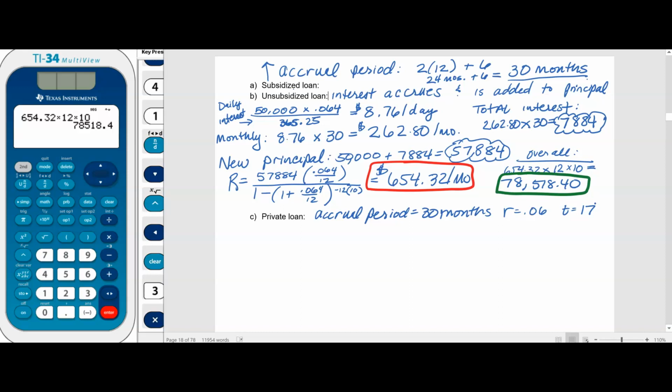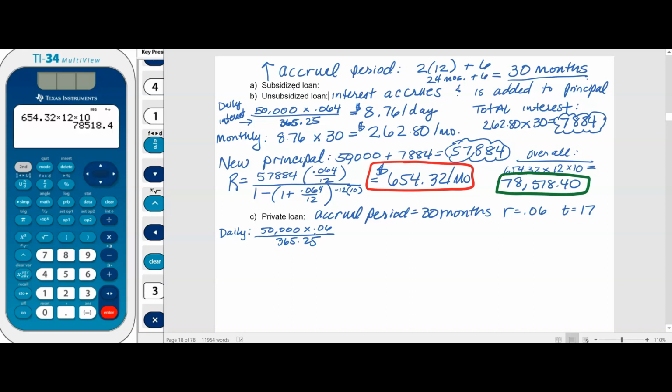We need to figure out the amount of interest that accrues while the student's at school. So we're going to do the same process as before, only instead of 0.064, because 6.4% was the interest on the last loan, now we're going to do 0.06. So we're going to start by finding the daily interest, so $50,000 times 0.06 divided by 365.25.